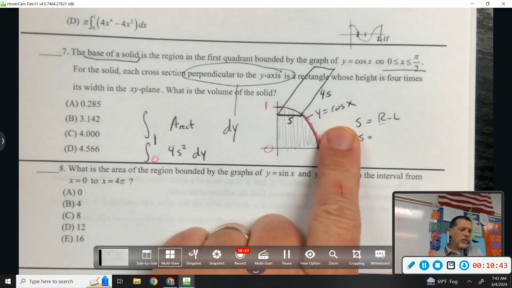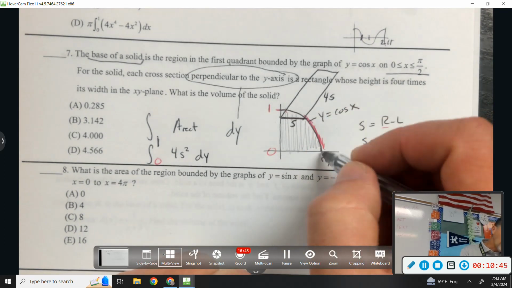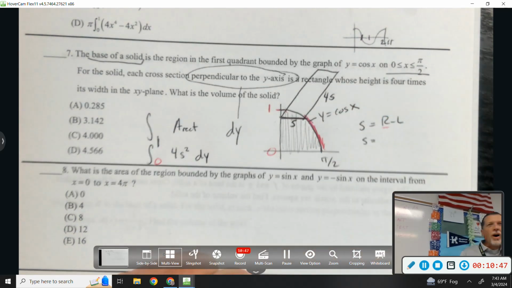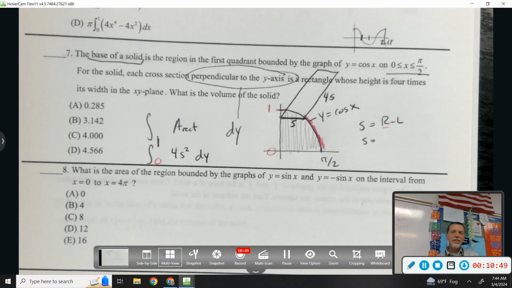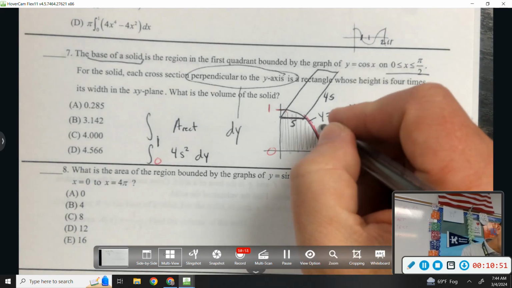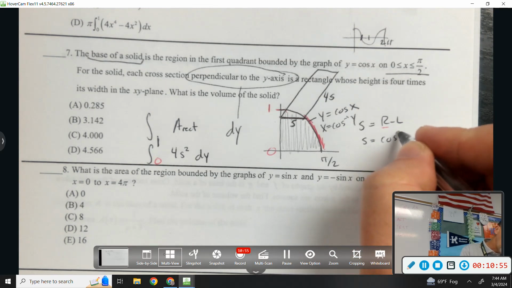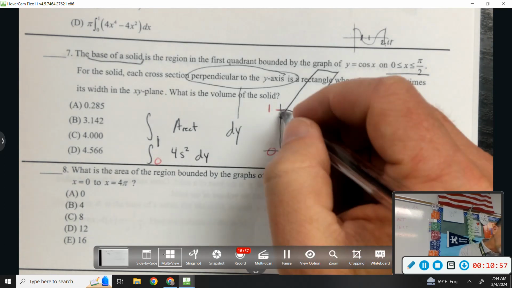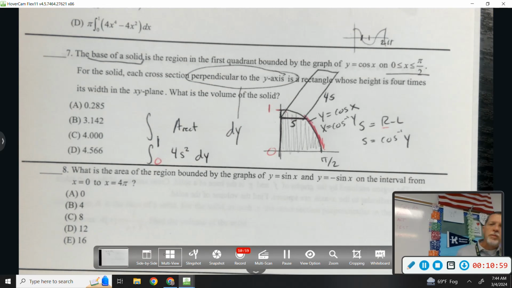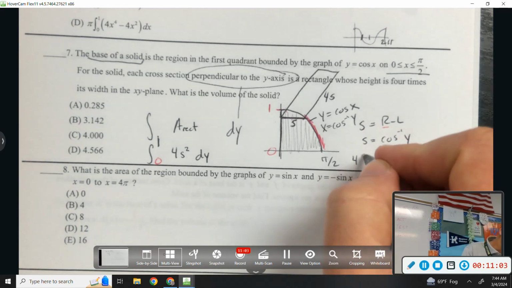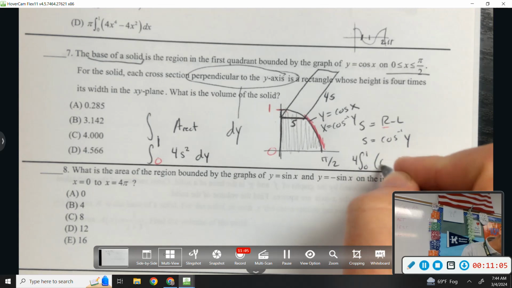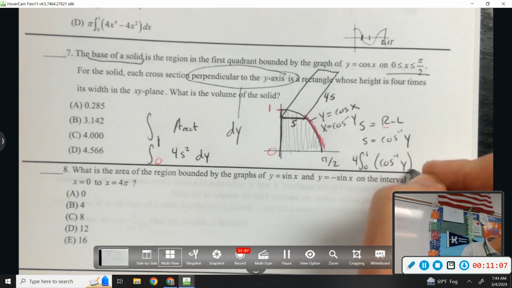So how do I turn this curve from an x expression to a y expression? Inverse cosine. So that means x equals inverse cosine of y. And then left is 0, so I'm not really worried about that. So 4, 0 to 1, inverse cosine of y squared dy.